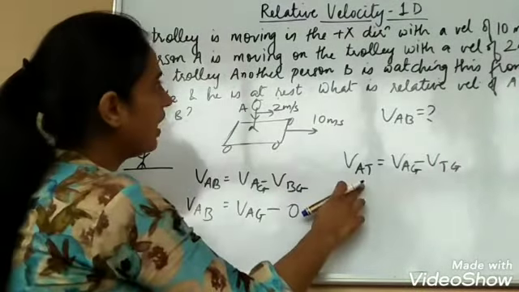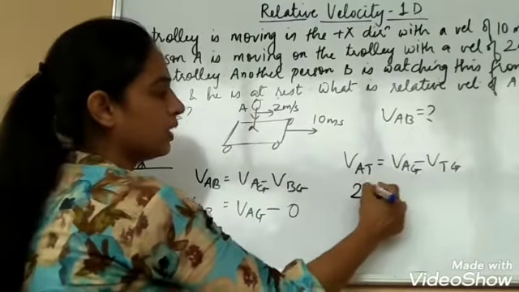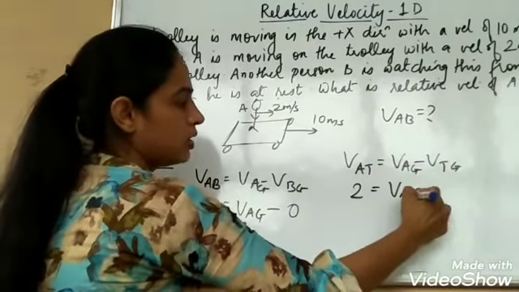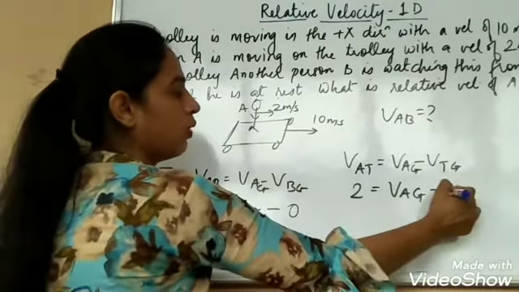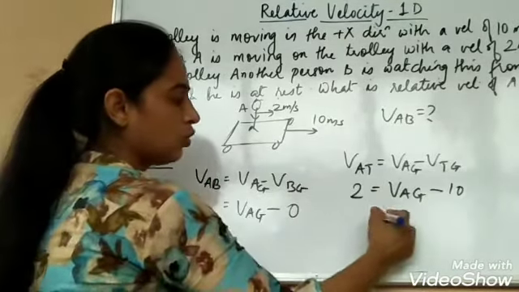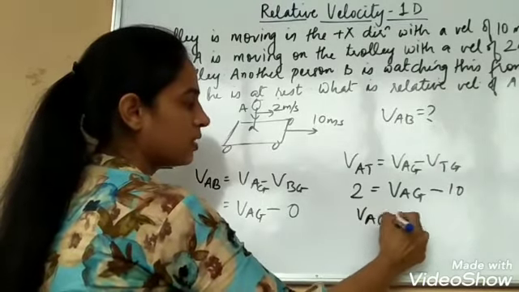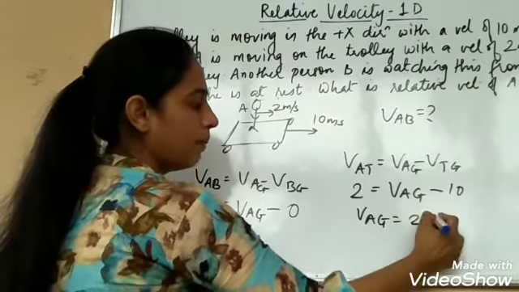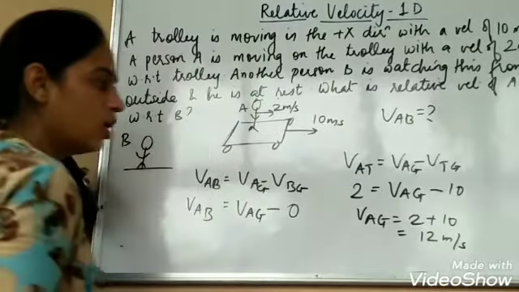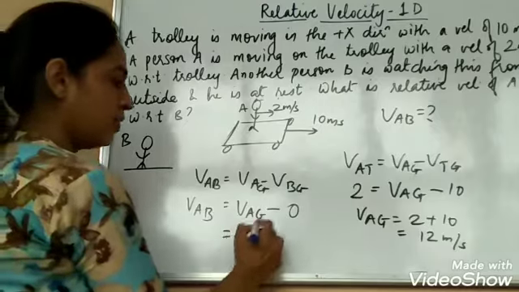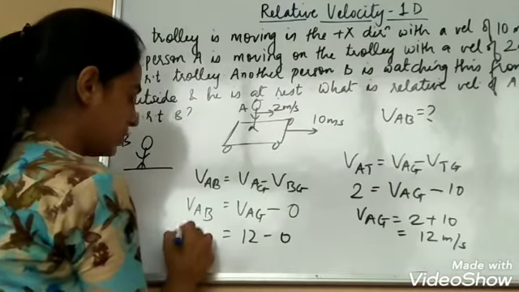So velocity of A with respect to trolley is 2 meter per second. This is velocity of A with respect to ground minus velocity of trolley with respect to ground, which is 10 meter per second. So from here you get velocity of A with respect to ground is 2 plus 10, that is 12 meter per second. Okay. So we get velocity of A with respect to ground is 12 minus 0.